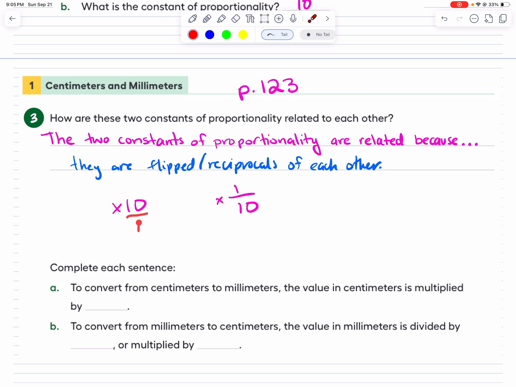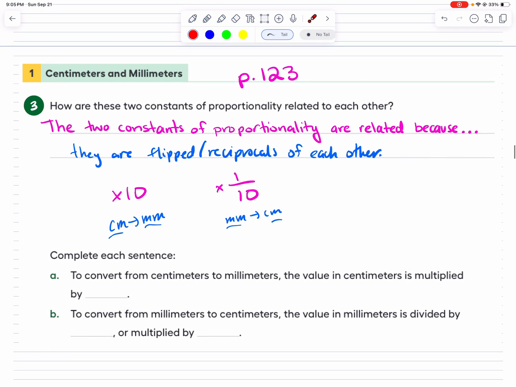But because of our table and how it was set up, I believe this one was centimeters to millimeters. And then this was millimeters to centimeters. It does change based on what our table is looking for. So when we are converting from centimeters to millimeters, the value in centimeters is multiplied by 10.